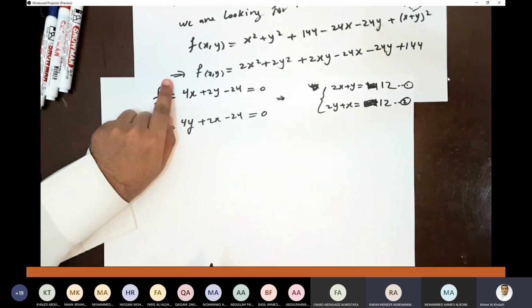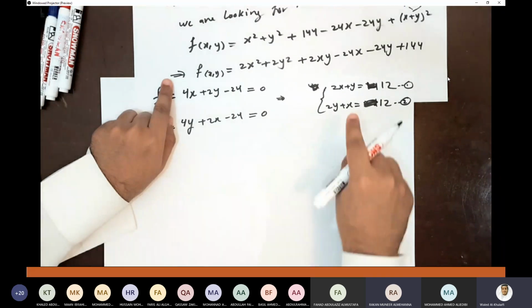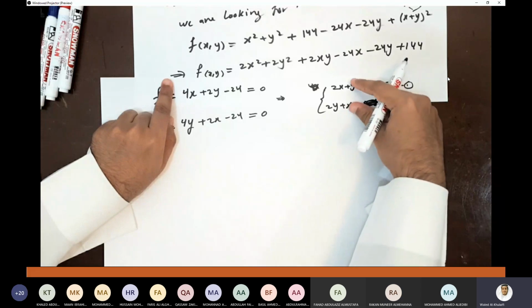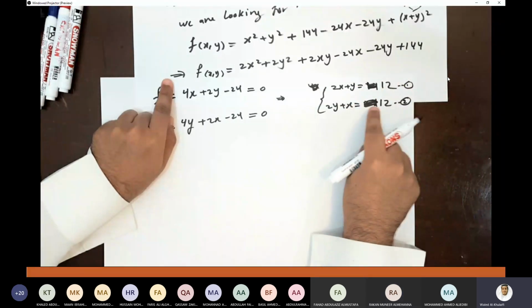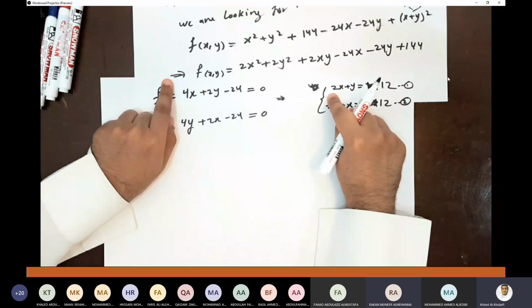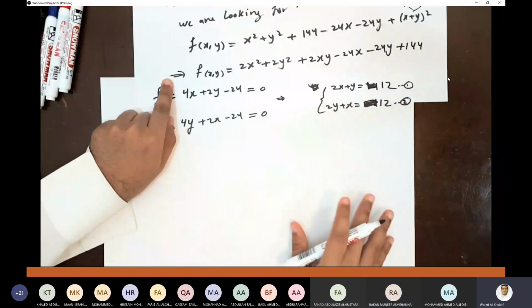To make x the same, so we can get rid of x, what do we multiply by 2? Multiply this by 2 and subtract. Yes. You can think of, or substitute x equal 12 minus 2y here. Yes, so you can do it both ways.